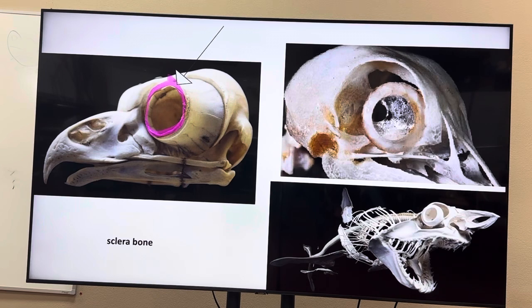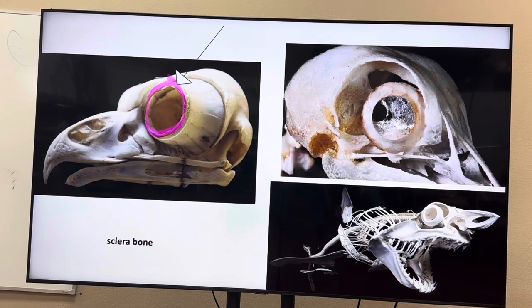So the function of this bone is eye muscle attachment. The muscle of the eye attaches here, providing attachment for the muscle of the eye.